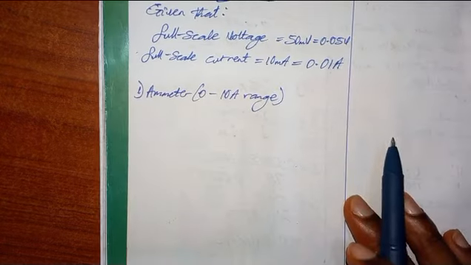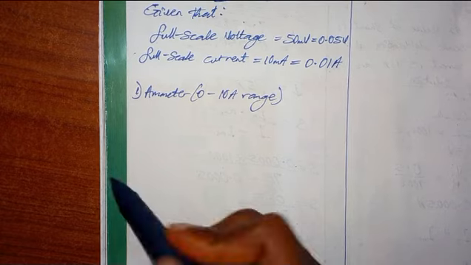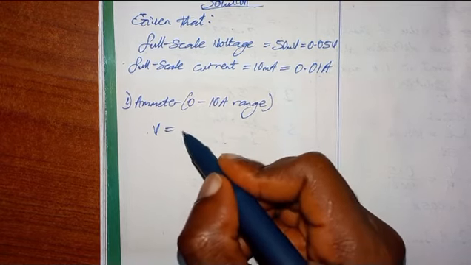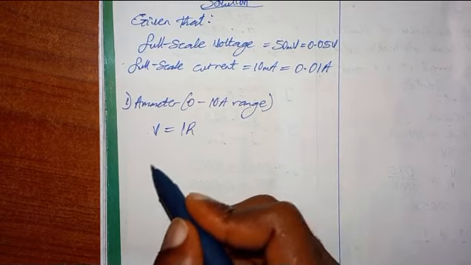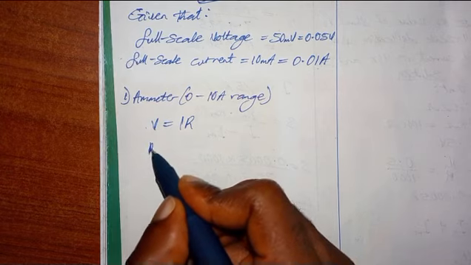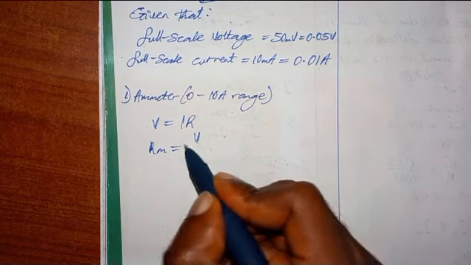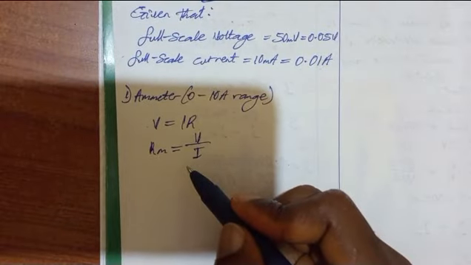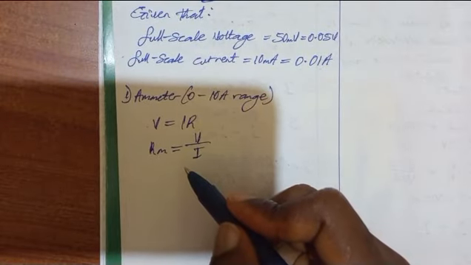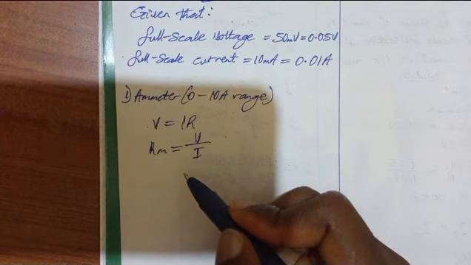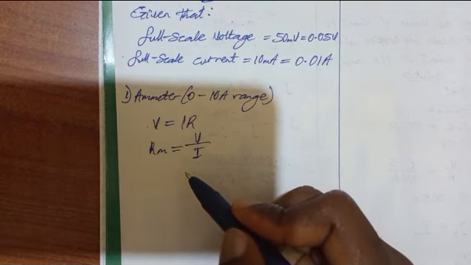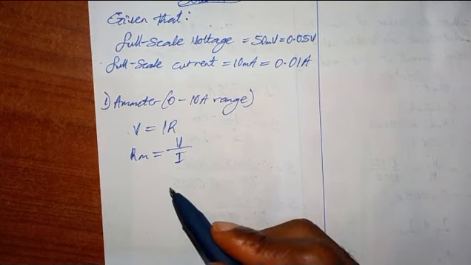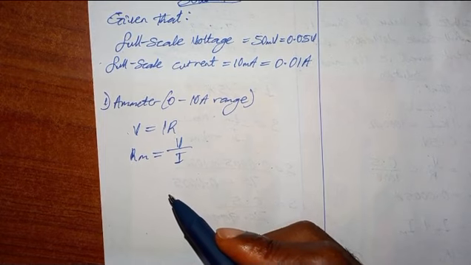So I'll first solve for that, and we can recall very well, according to Ohm's law, because in electrical everything revolves around Ohm's law. Rm will be equal to V over I, as the resistance will be equal to voltage divided by current.